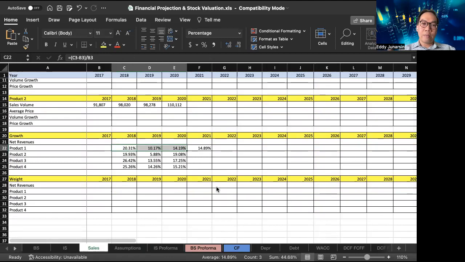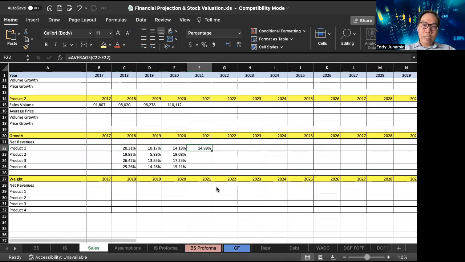This shows inconsistent growth rate. So if we use a single average based on the 3 preceding years, it might be less convincing, or maybe less consistent for the future years, subsequent years.